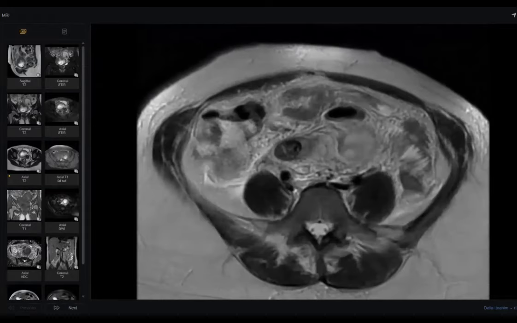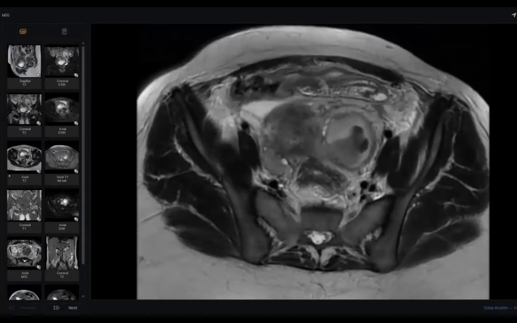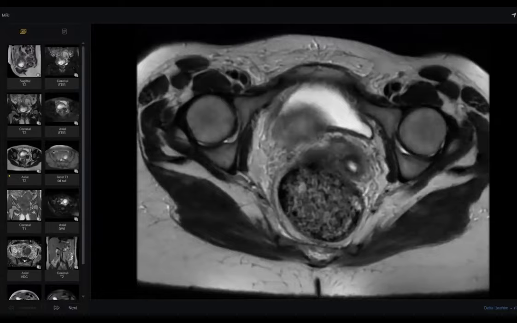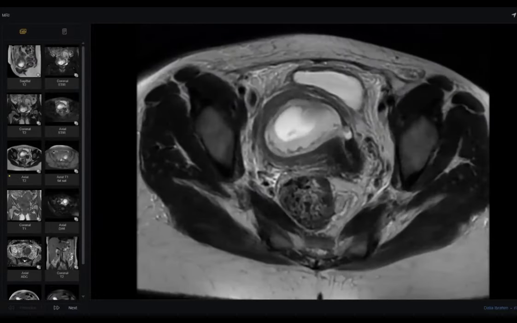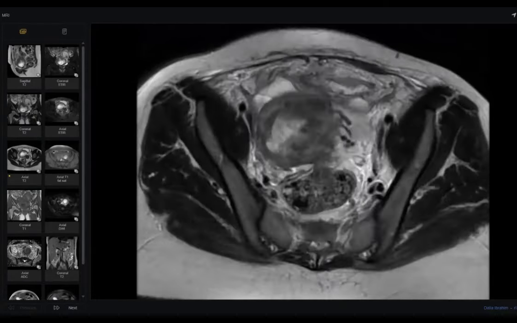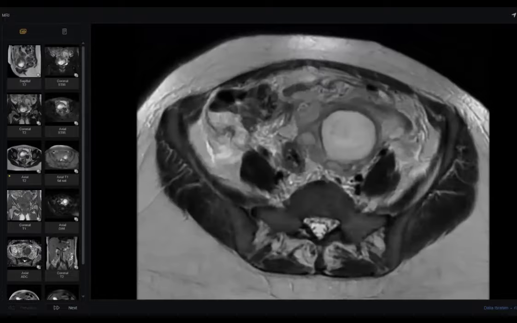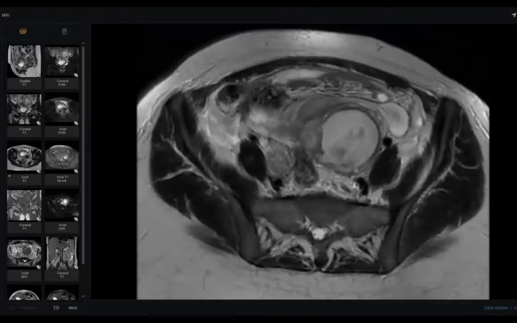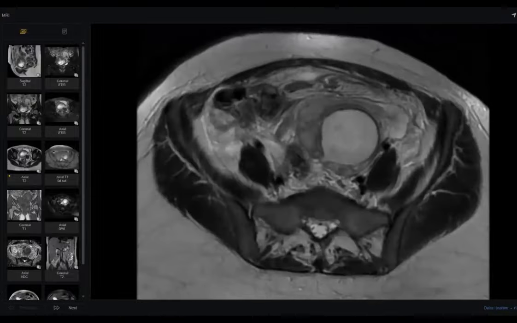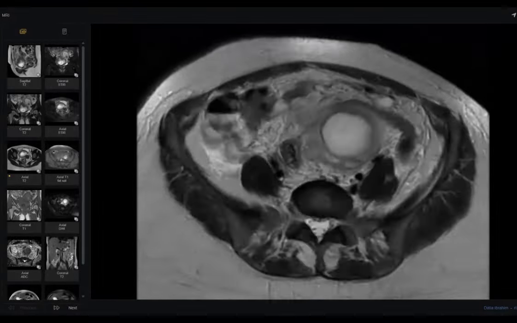So I can see the uterus appears bulky with a gestational sac and the fetal pole inside. Also, the right ovary appears enlarged with a large cystic lesion, high in T2.